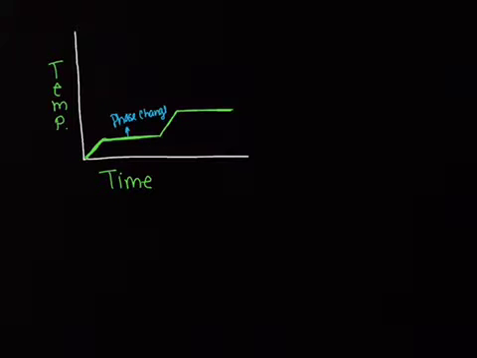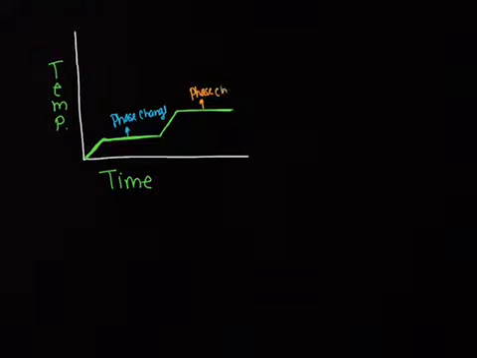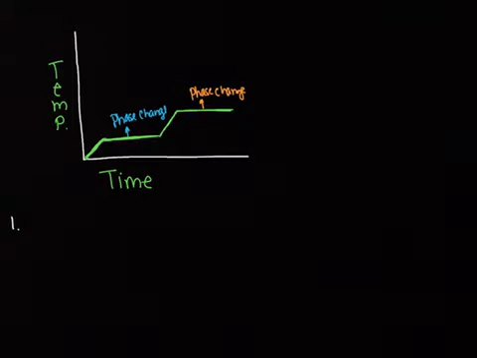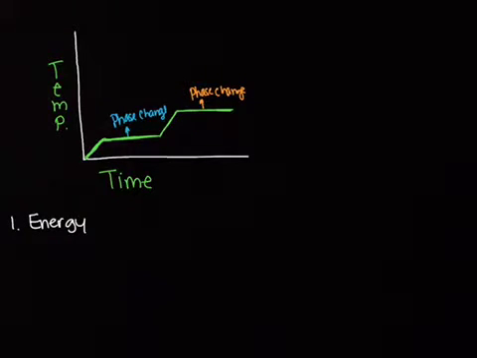So we'll label that one in orange. So a couple things that you need to pay attention to when you look at these phase changes is, firstly, energy. Is it going up or increasing or decreasing?